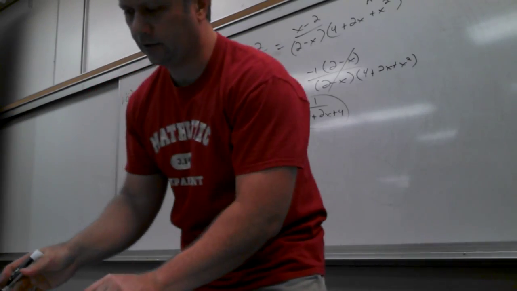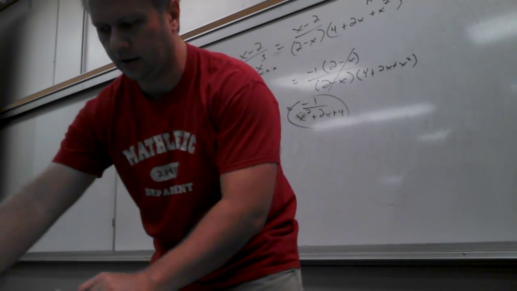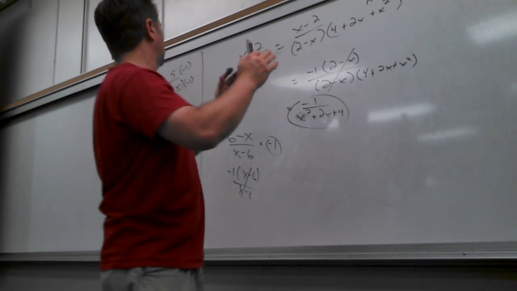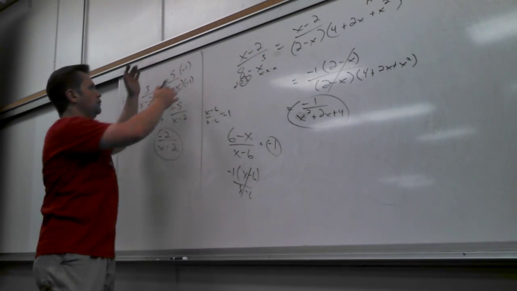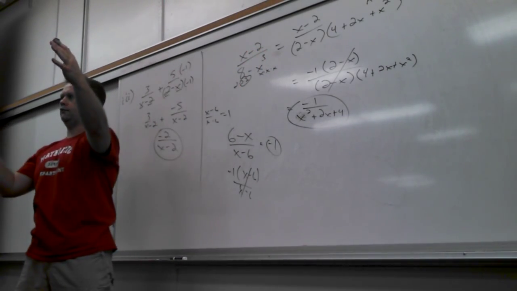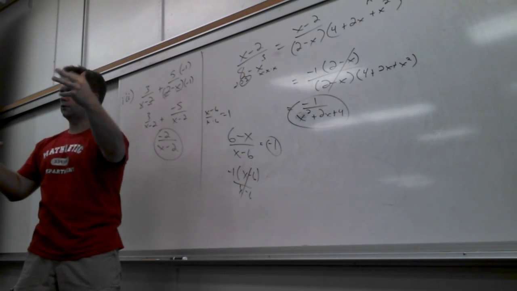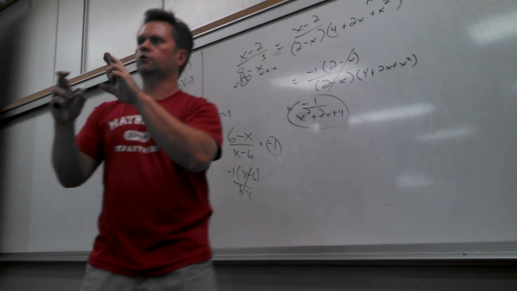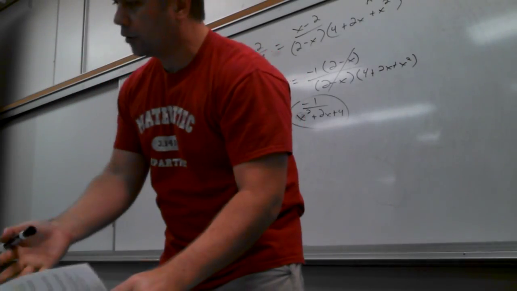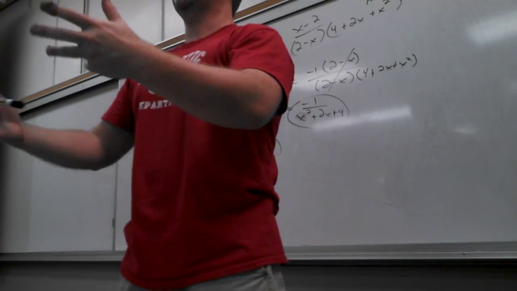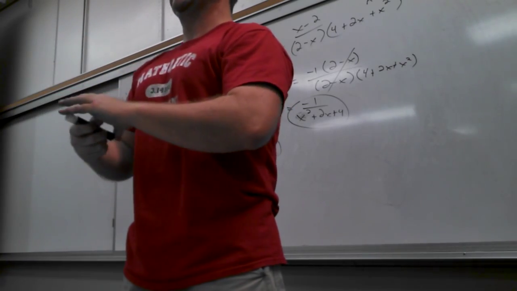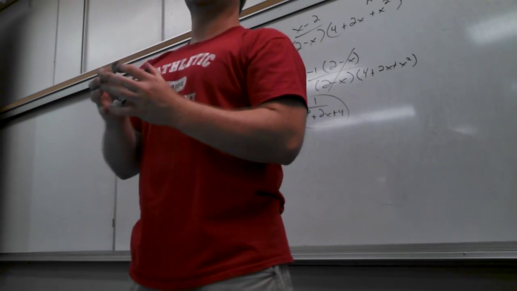You're all like, I don't know what you're talking about, Jeff. 7.6 is where we do this kind of stuff, but in an equation. So we're going to have rational functions inside of equations that we have to solve. And then, of course, 7.7 is what you've been waiting for. It's word problems. Yes, I know.